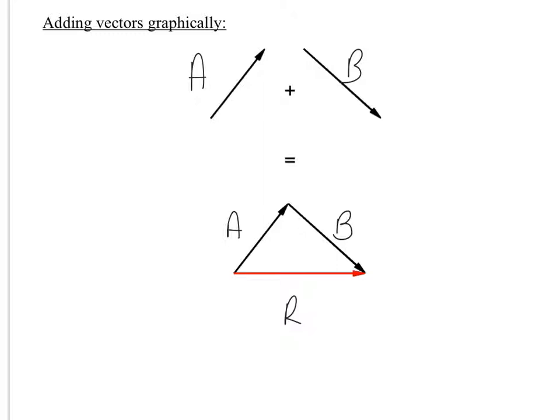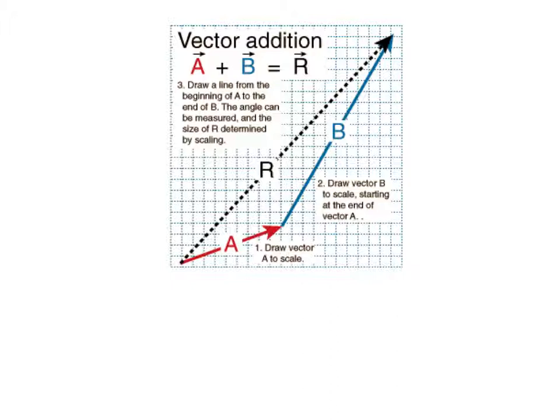So if this vector was 7 centimeters and this was 8, it would be 15 centimeters traveled. But this would not be 15 centimeters. This would be 8 squared plus 7 squared equals R squared, and you could find the displacement. So the sum of two vectors is like displacement in a sense. Now, let's go to the next slide and take a look. The two vectors that you sum together do not have to be at right angles.